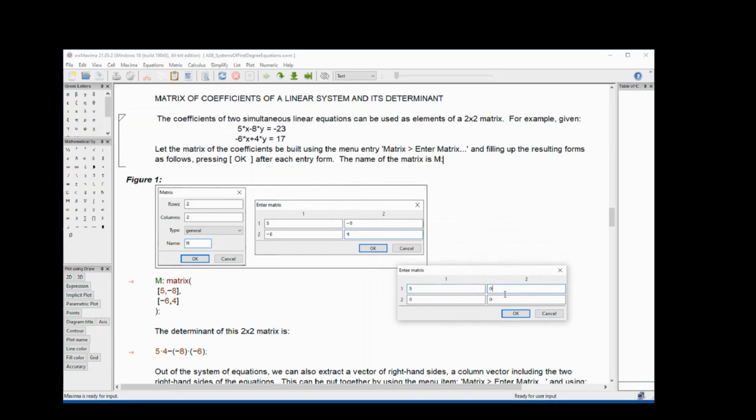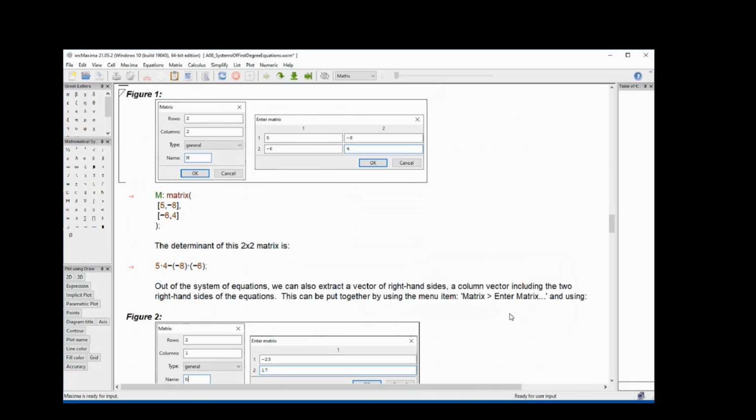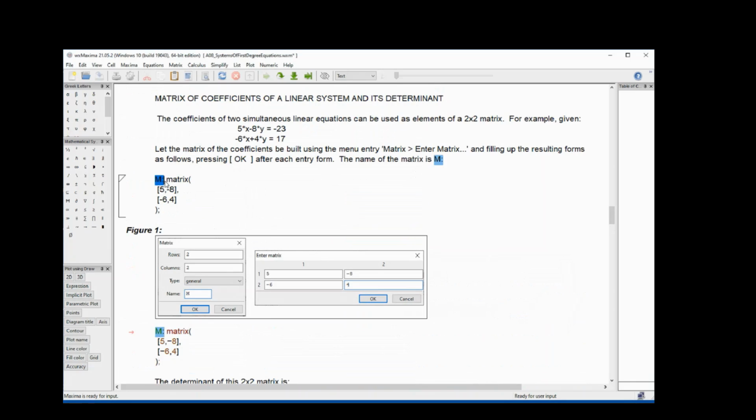5, -8, -6, 4. And what I'm getting here, I was actually entering text here, but basically I just repeated this entry.